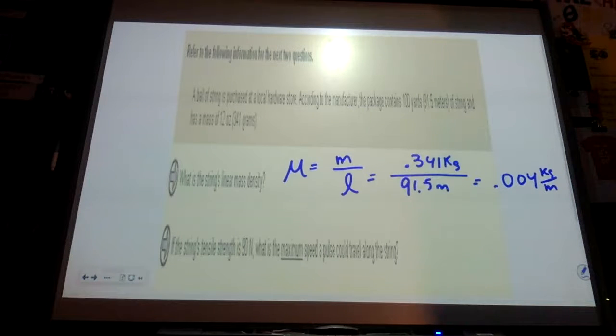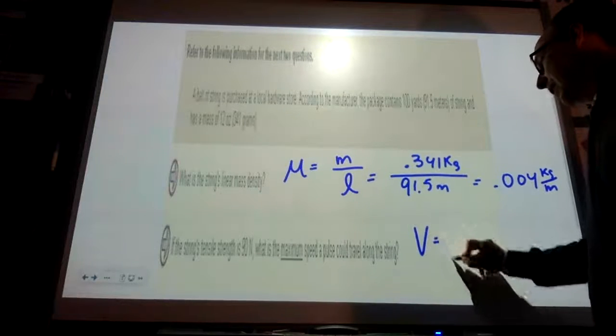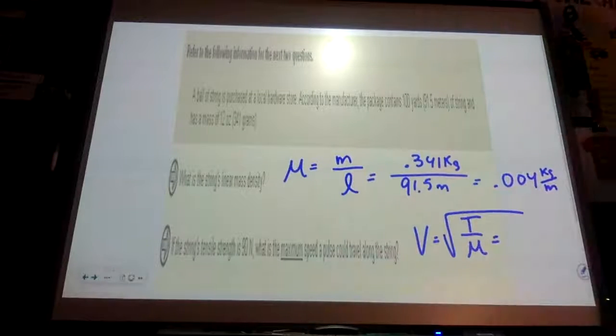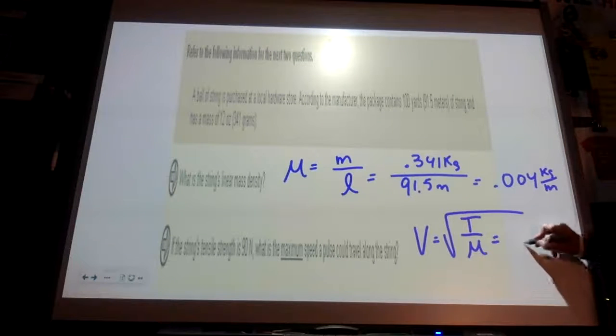The string's tensile strength is 90 newtons. What is the maximum speed a pulse could travel along the string? So our velocity is going to be equal to the square root of the tension over this mu.